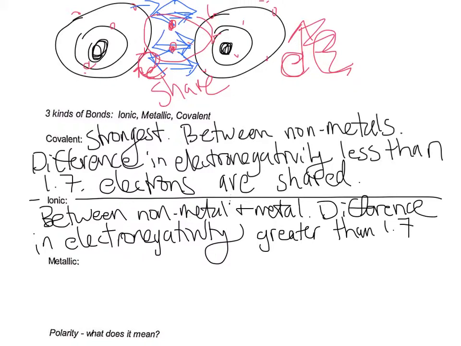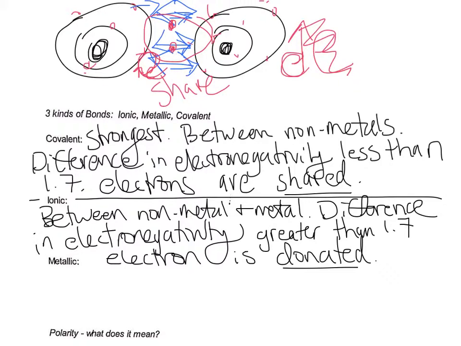But if the difference in electronegativity is greater than 1.7, we say the electron or electrons are donated. So there's a difference, shared and donated. Donated means this gives an electron to this one, and the fact that they did that kind of keeps them together. Whereas with the shared situation, the electrons sort of stay between them, they share them, and this forms a tighter bond, covalent.